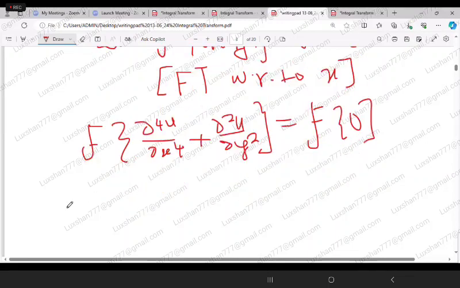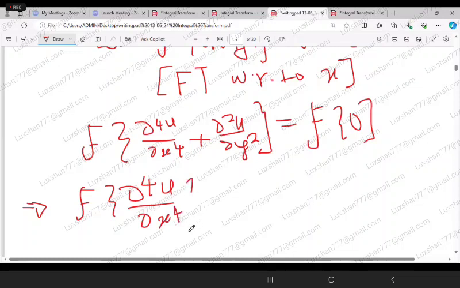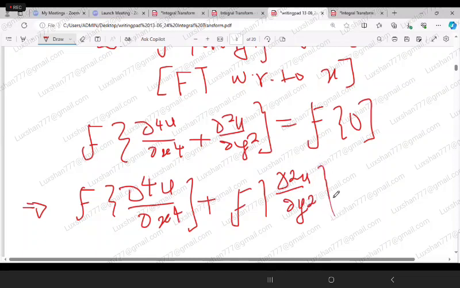Using the linearity property, you can write it as the Fourier transform of ∂⁴u/∂x⁴ plus the Fourier transform of ∂²u/∂y² equals 0.